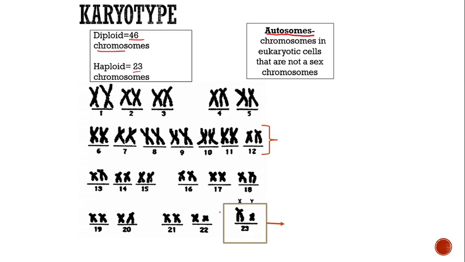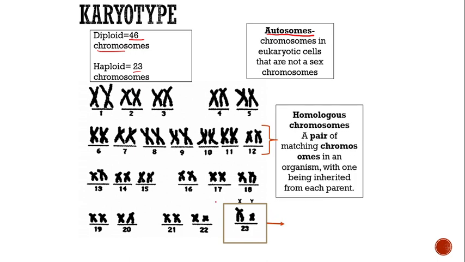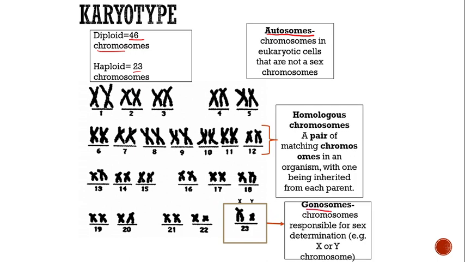And the ones that determine your sex or your gender are called your gonosomes. Ever heard of the XX and XY chromosomes? That is the 23rd homologous pair of your chromosomes that determines your sex.